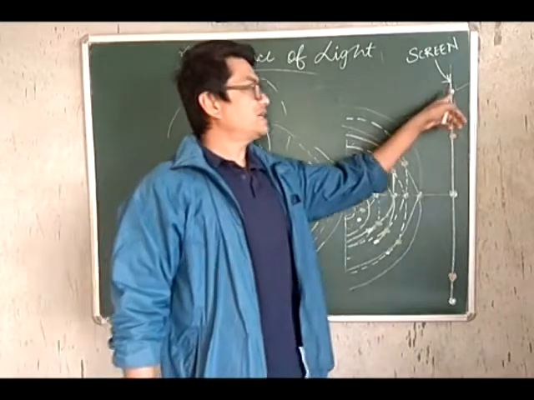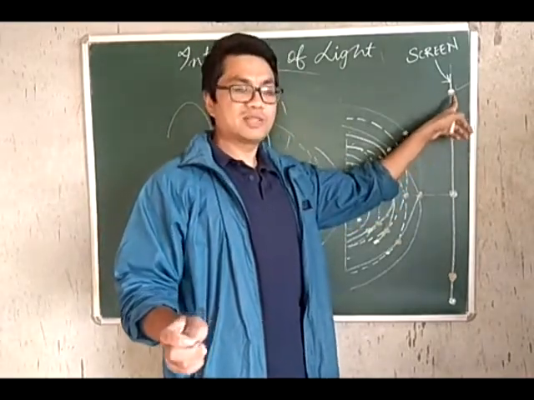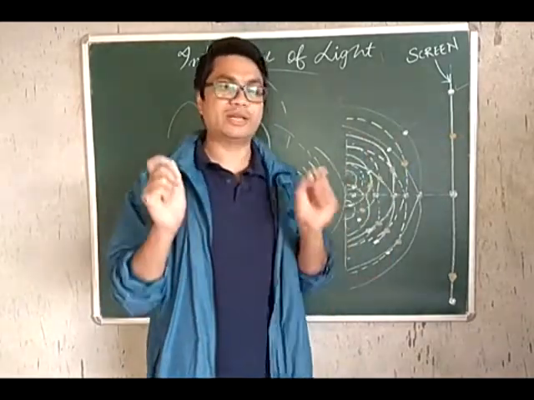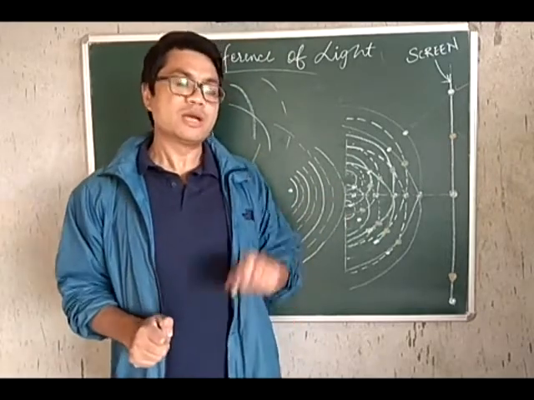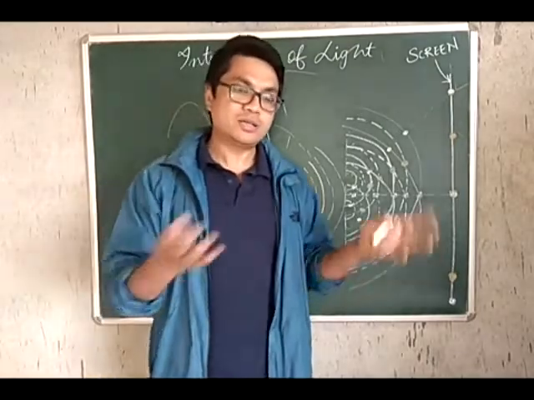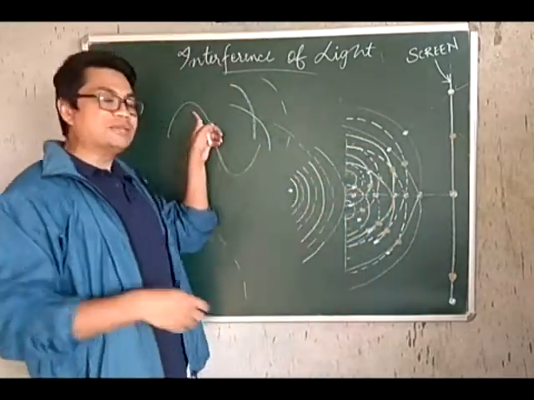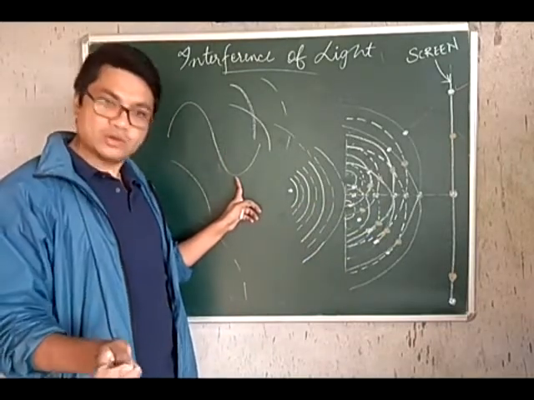Wherever we get a maximum, that point is the result of constructive interference. Now we are using technical terms. Constructive interference means a crest meeting another crest, or a trough meeting another trough.